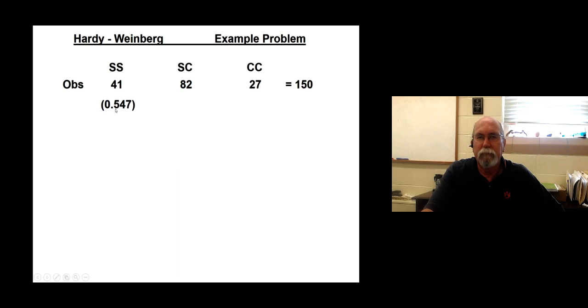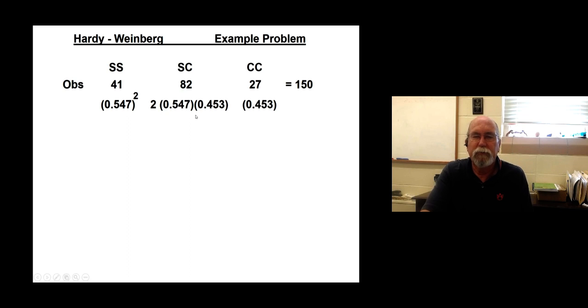Sure enough, we take this first one and square it, that's part of the Hardy-Weinberg. Then 2 times P times Q, the frequency of the S allele and the C allele, gives us our expected genotypic proportions for the hets, and the expected proportion for the homozygous Chiricahuas is just 0.453 squared. Because we're doing a chi-squared, we need expected counts, so we multiply these by the total.